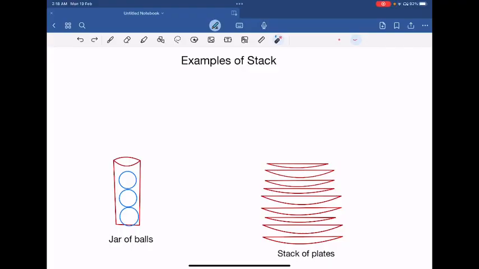These are some real life examples of stack. Consider this jar of balls, where the balls are kept in one jar. This is the ball which was inserted first into the jar, and this is the ball which was inserted last.